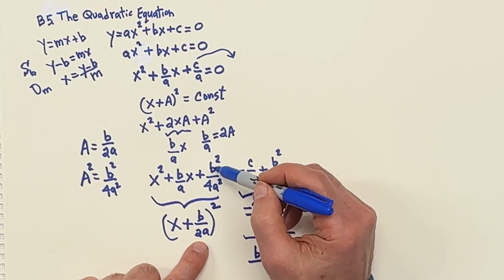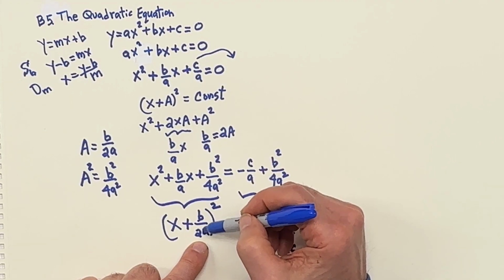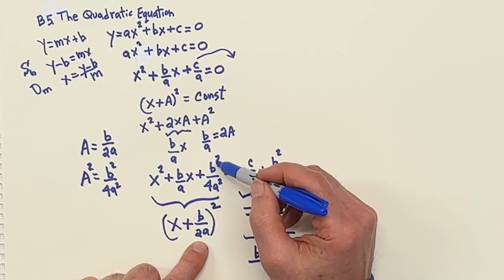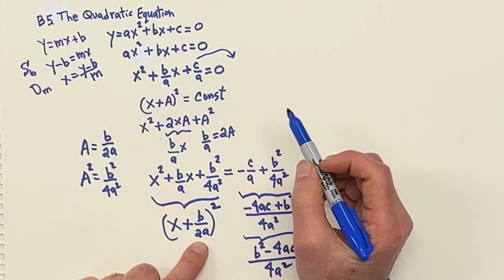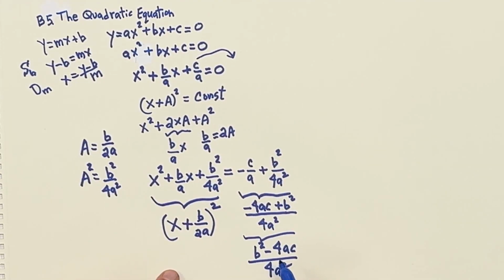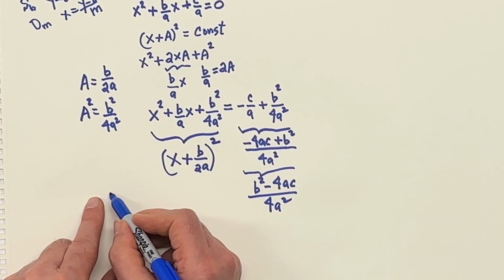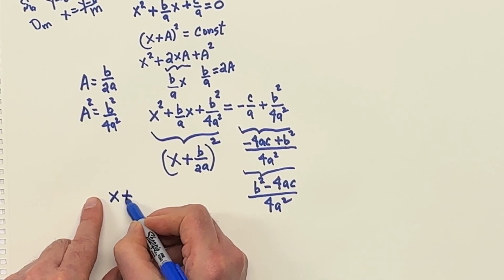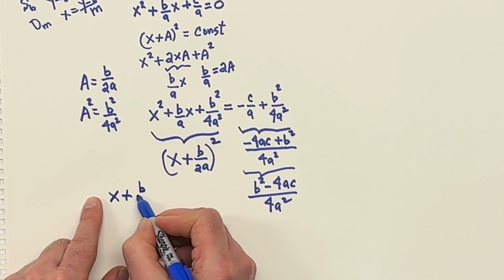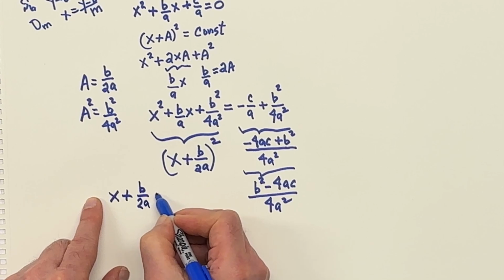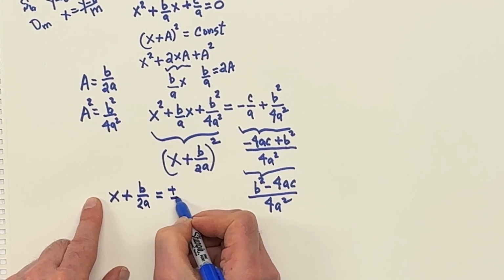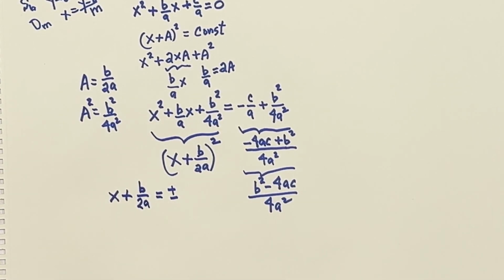Then you have b squared divided by 4a squared. So everything looks good. And now we can take the square root so that x plus b over 2a is, now it's a plus or minus square root, because when you take a square root with a square like that, plus or minus will work.